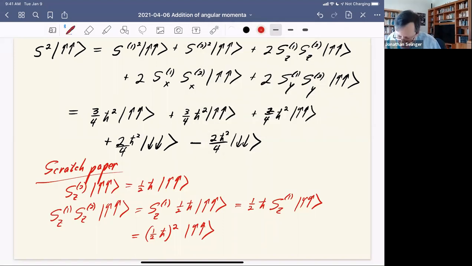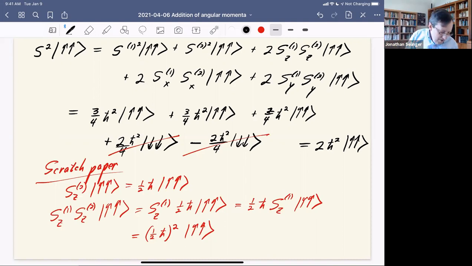There's this thing and this are negatives of each other. They cancel. So now everything else is something times the state up, up. There's 3/4 plus 3/4 plus 2/4. That's 8/4. That's 2. So this all is equal to 2 h bar squared times the state up, up.